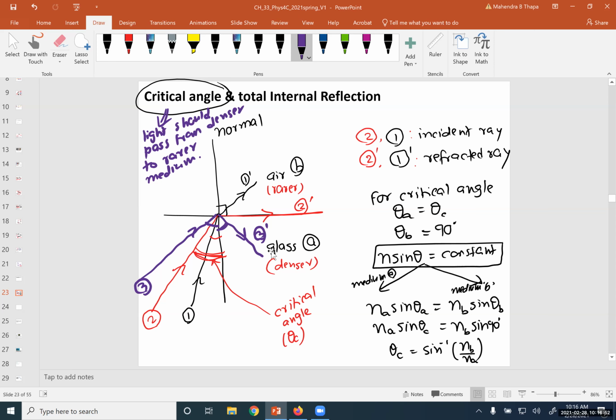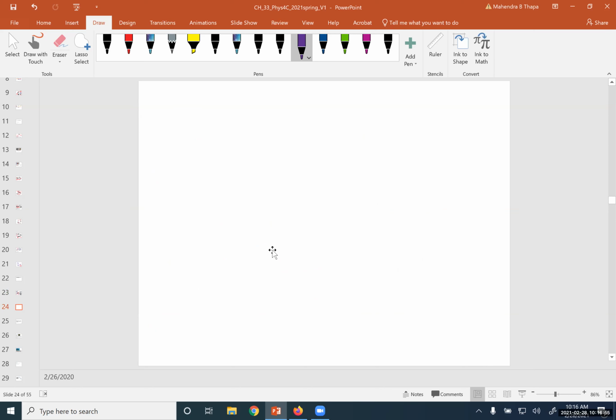So let's take one example for finding the critical angle for one medium. So say for example, as before, I take this as my first medium. One medium is water, the other medium is, say for example, glass. Okay, so you know that for critical angle, light must pass from denser to rarer. So this angle, say theta c, in that situation, light passed through the interface.